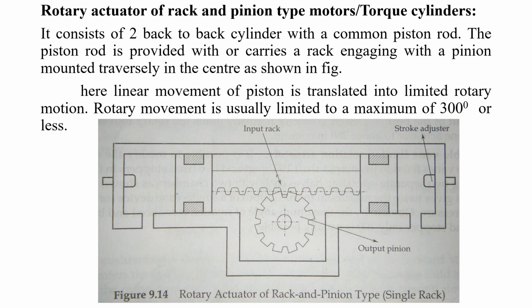Depending on the rack length, the angle of rotation is limited. Very important, the angle of rotation is very limited. So the linear movement of the piston is translated into a limited rotary motion. The rotary movement is usually limited to a maximum of up to 300 degree or less.